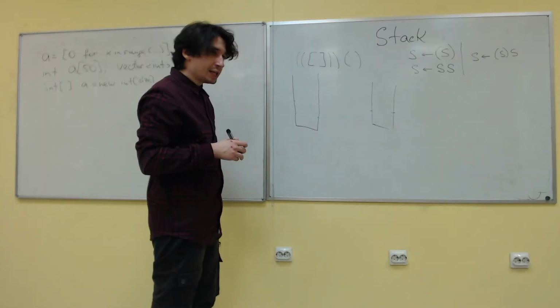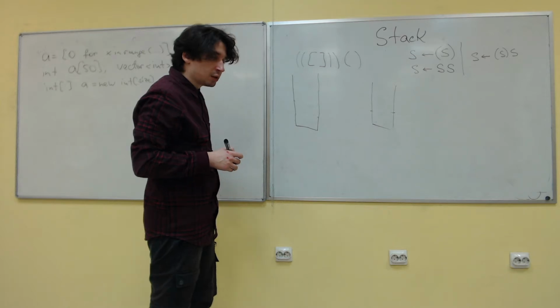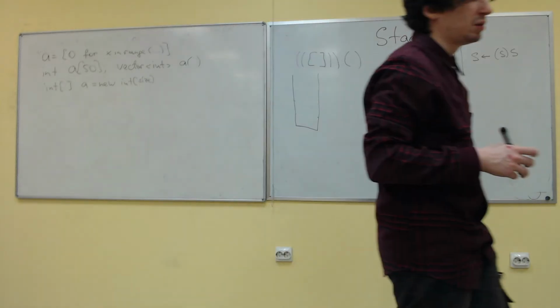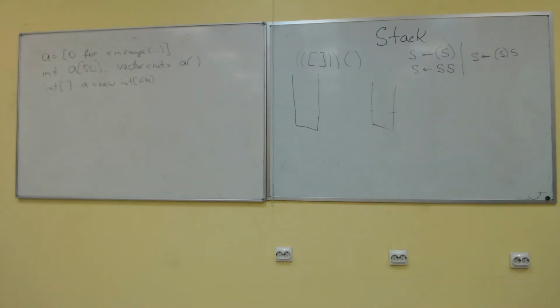So any ideas on how to solve that? I think that it's the same way. We just have to make a map between a curly bracket and a round bracket. Okay, yeah, kind of.